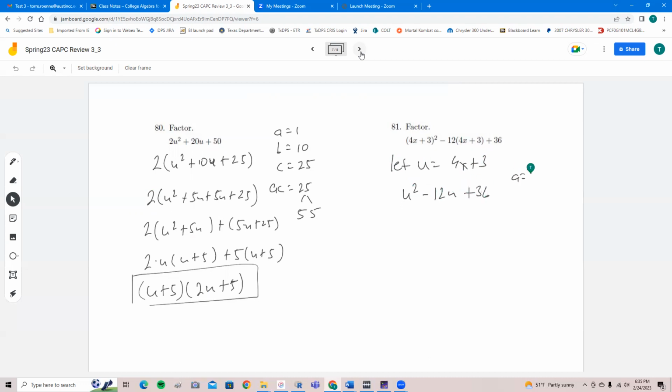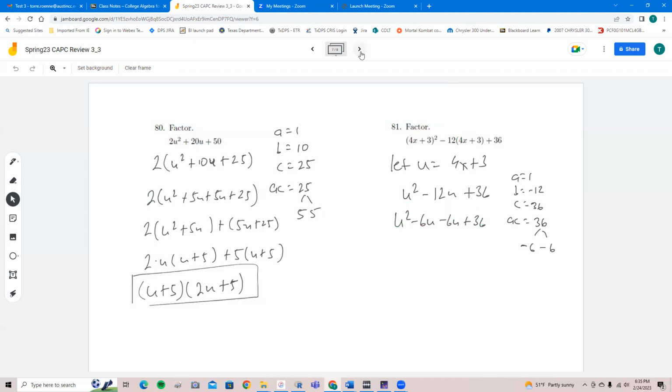And A would be 1, B would be negative 12, C would be 36. AC would also be 36, and we have negative 6 plus negative 6 would give us negative 12, multiplied together to give us positive 36. You can use the negative versions of those when you need to. So you'd have this be u squared minus 6u minus 6u plus 36.